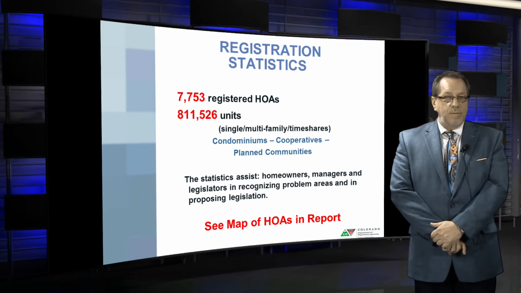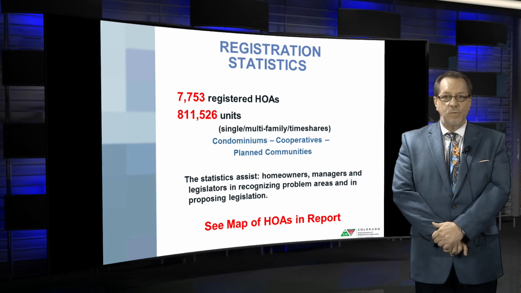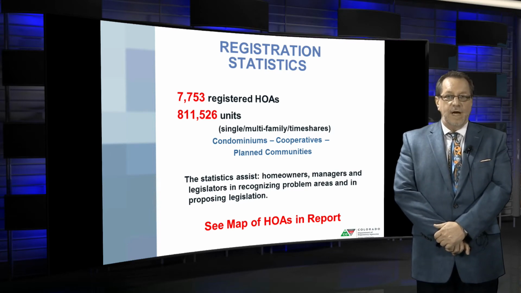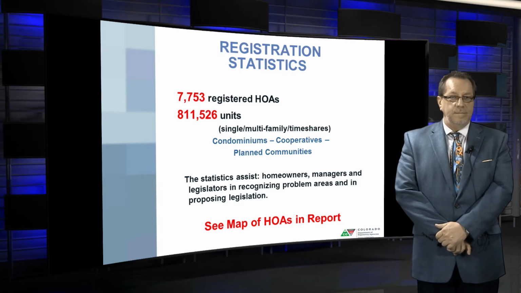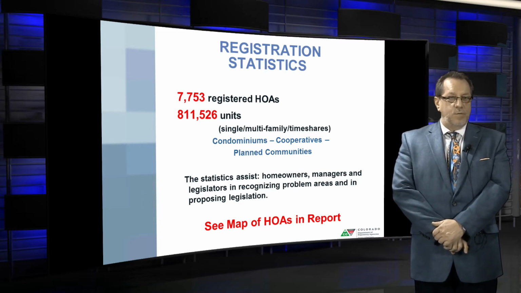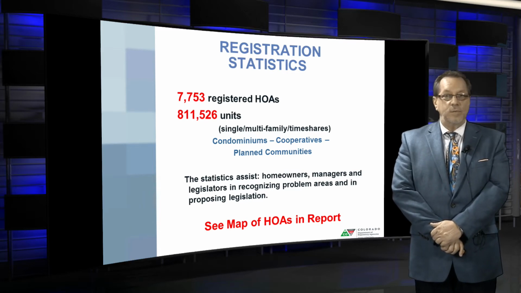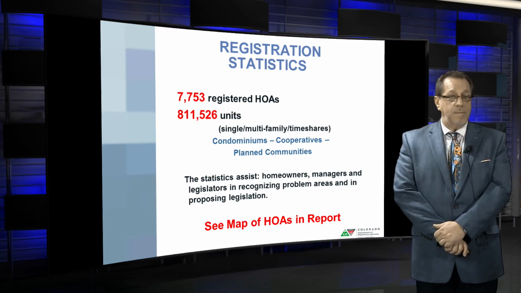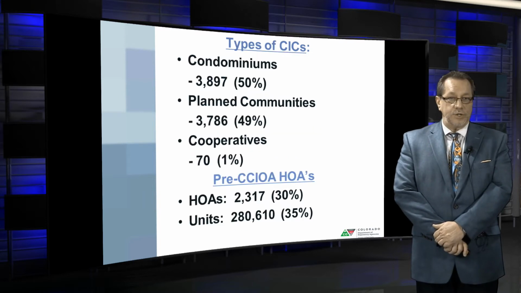The statistics that we gather help you as professionals as well as legislators in finding out about HOAs, the number of units, where they're located, how they're condensed, and recognizing problem areas for proposed legislation in the future. We also have a map of the HOAs on our website that will help you for locations.